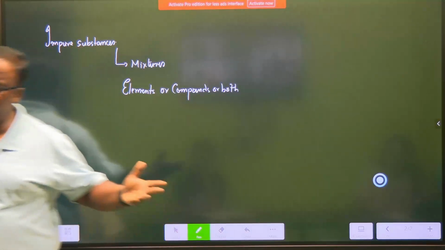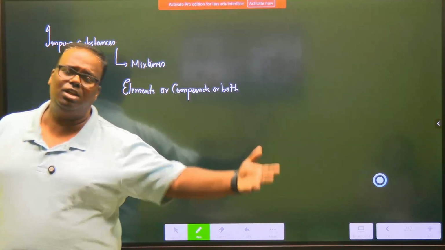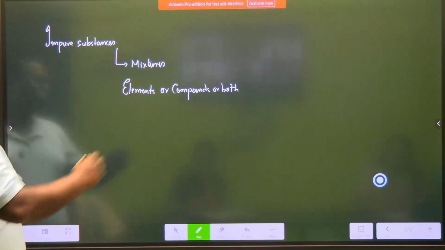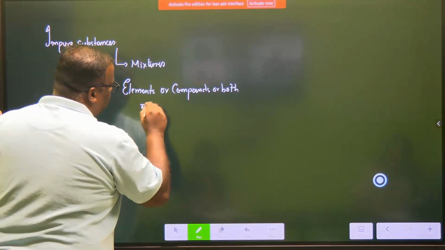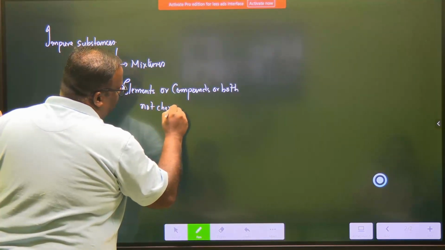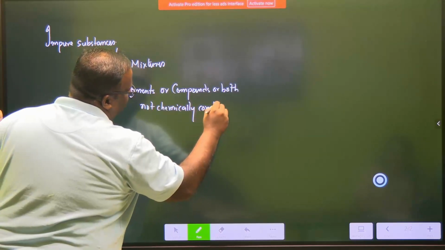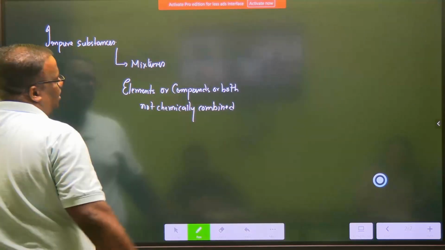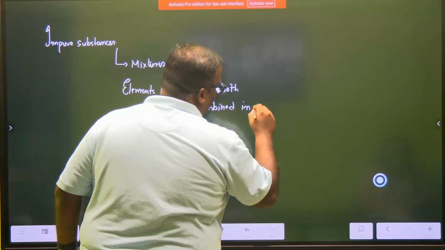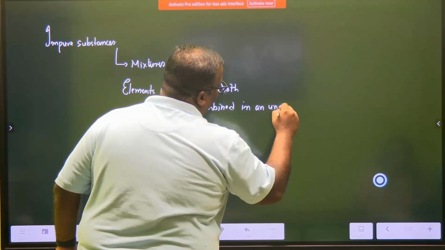We already have one mixture, and in that we are mixing another element and compound, right? Or both, not chemically combined. That's why I said it is just like a bhel puri, not chemically combined. And further we will say in an undefined proportion.